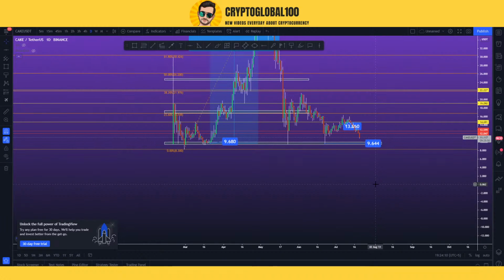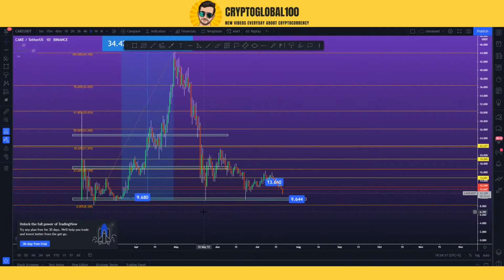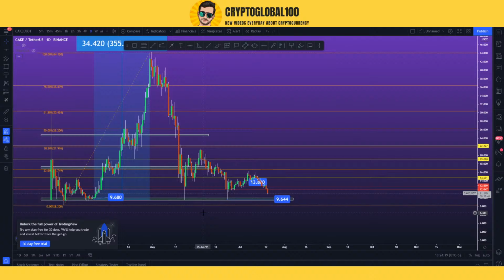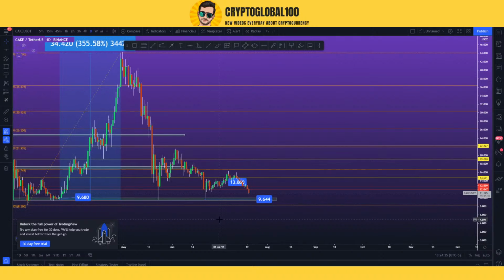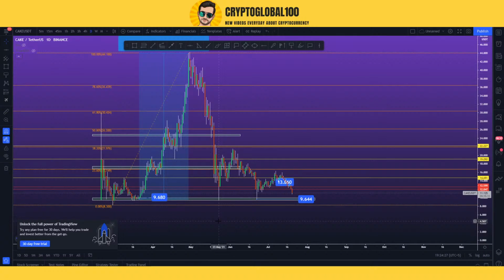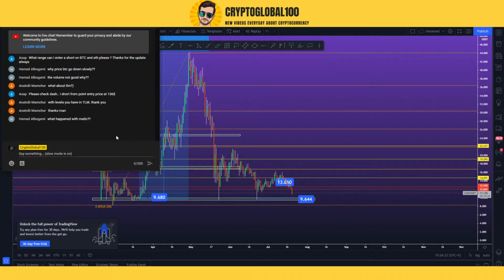If you want to buy cake, just place your buy orders, buy the cake, and hold your coin. You can stake your cake on the PancakeSwap platform, and you can get as much as you want. So I think cake is a good buy right now. What happened with the Matic?